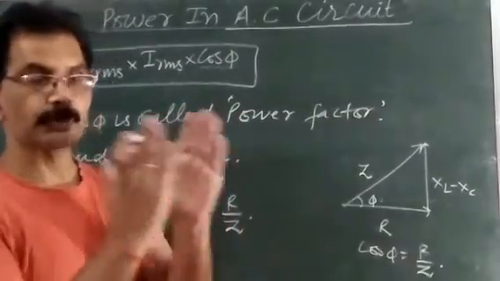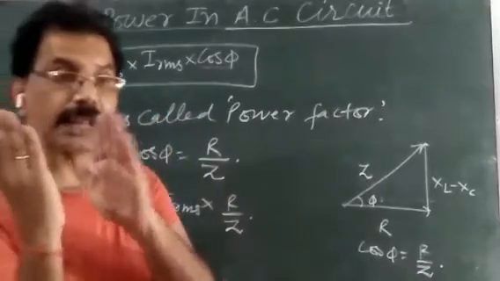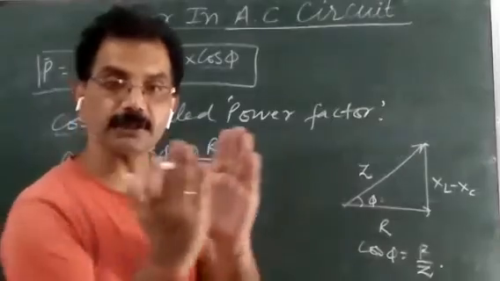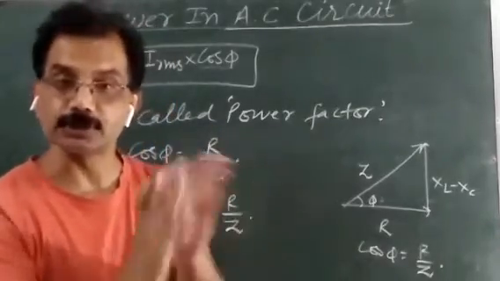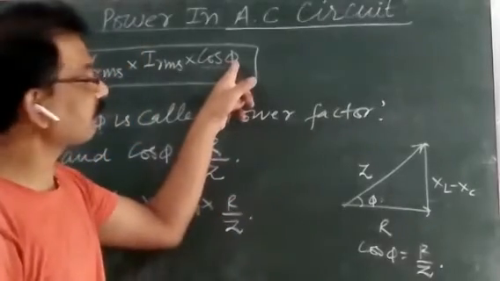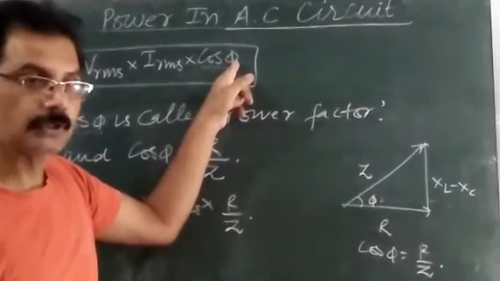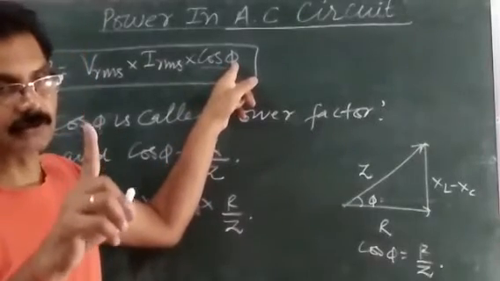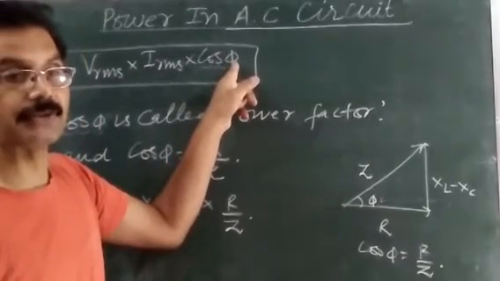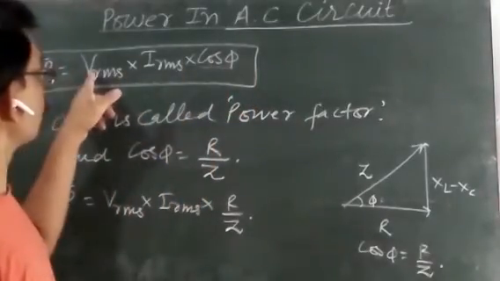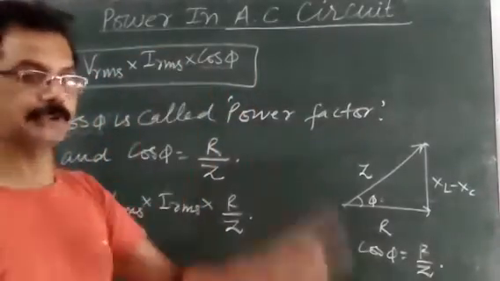It means both voltage and current lie in the same phase, and when both lie in the same phase, the phase difference between them is zero. So when the circuit contains pure resistance, phi is equal to 0, and in that case cos 0 is equal to 1. So how much is the power in an AC circuit when it contains only resistance? That is P equal to VRMS into IRMS.